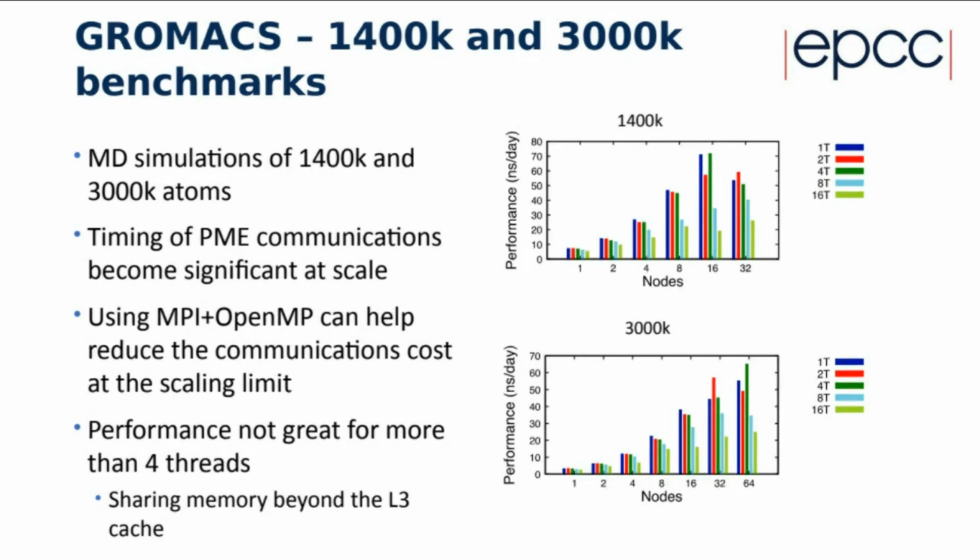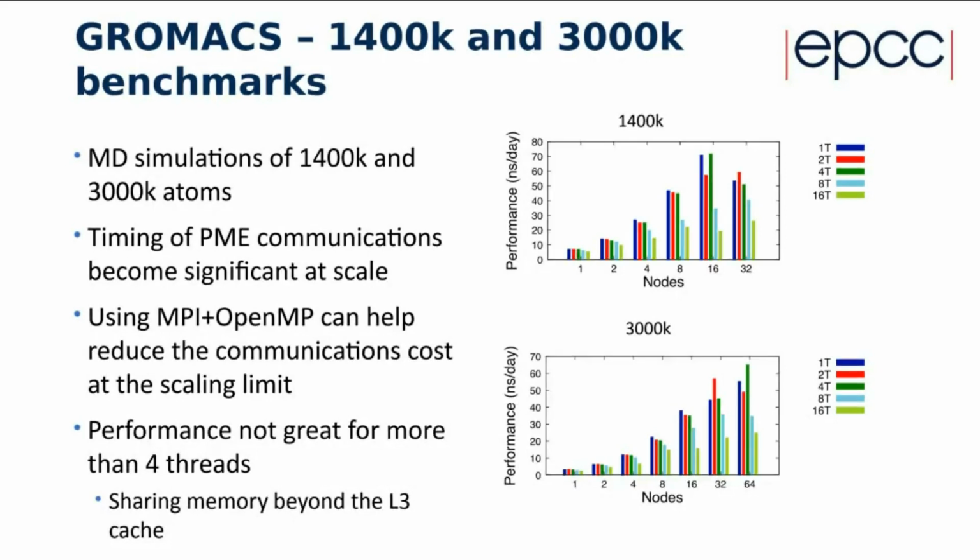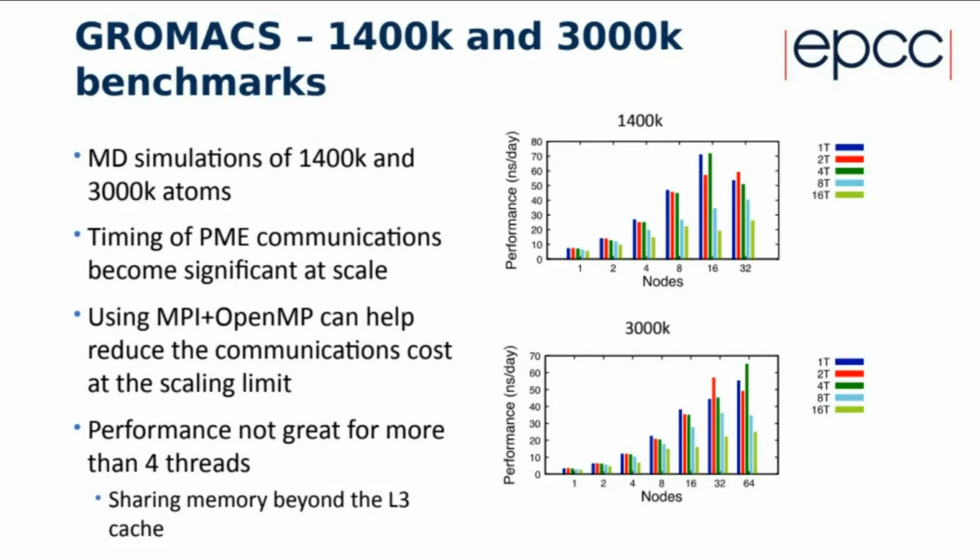But once you get out to the point where the code stops scaling, it helps a little bit. You can see here on 16 and 32 nodes with the 1.4 million atom case, there's a bit of performance benefit for using 2 or 4 threads per process.